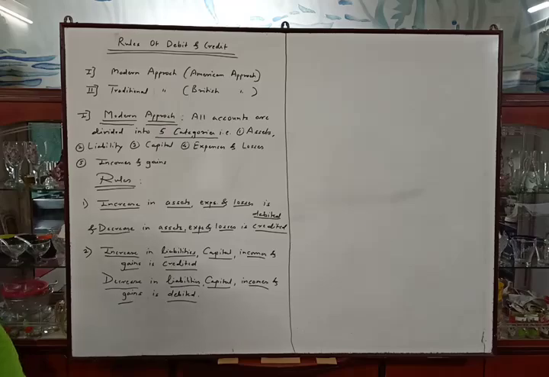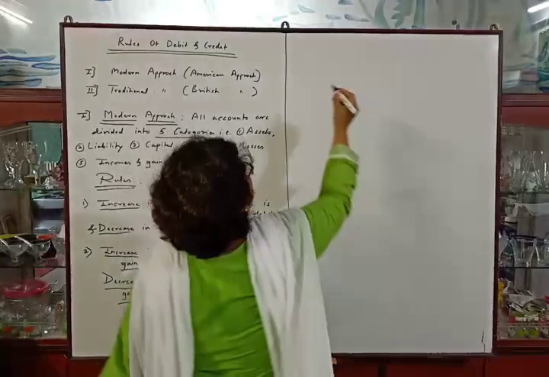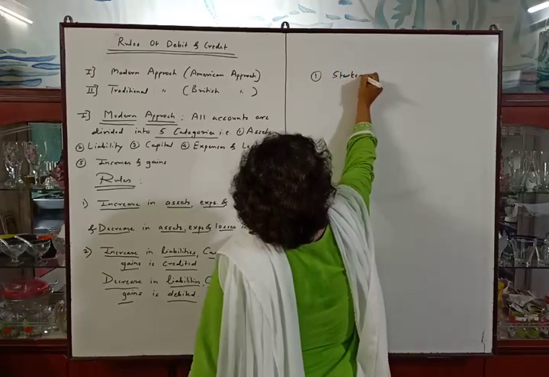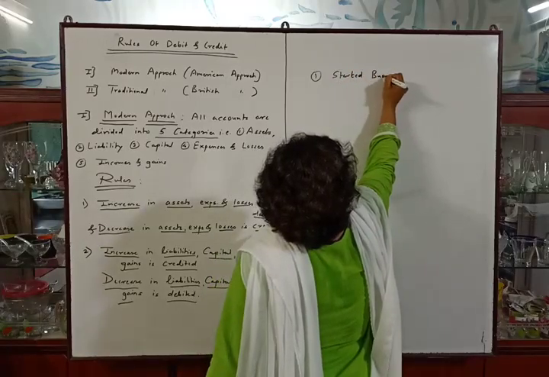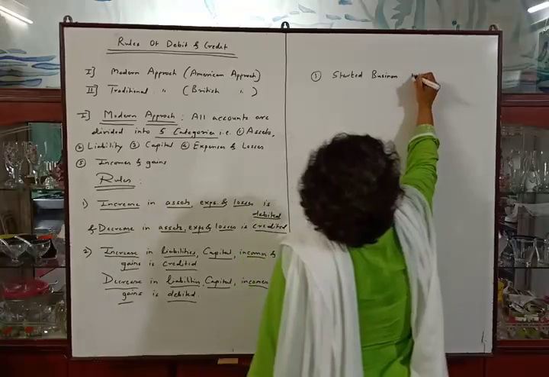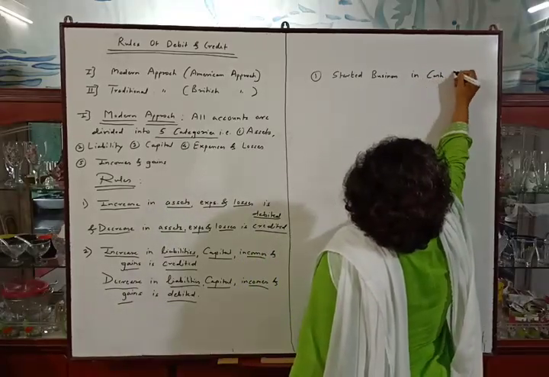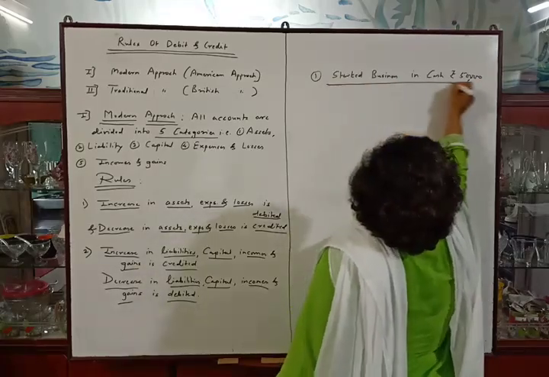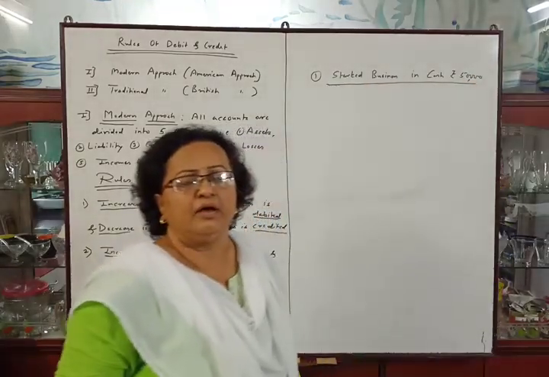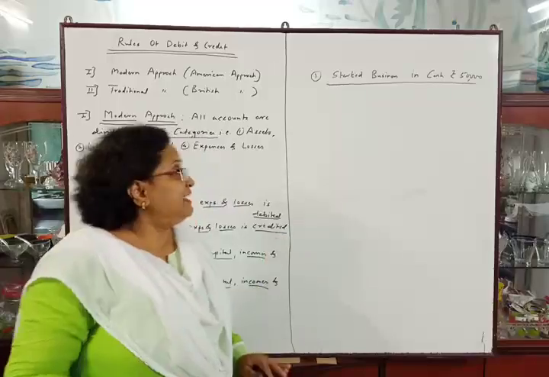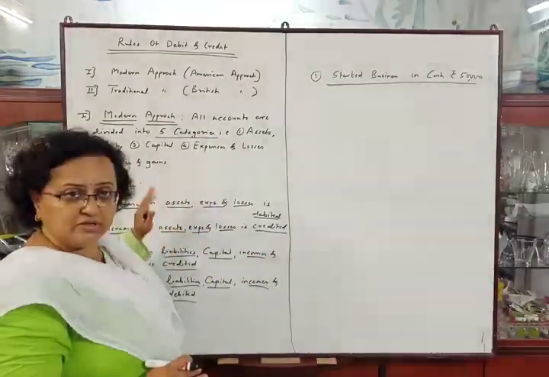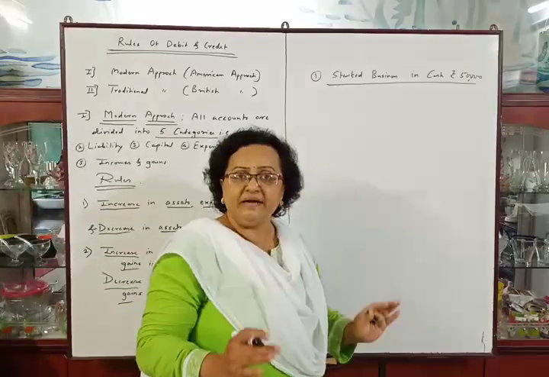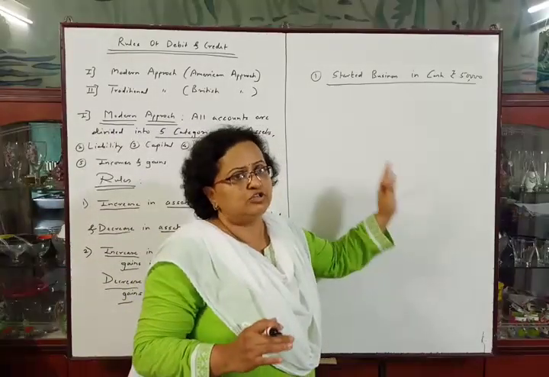Let's take the first transaction, that is started business in cash, rupees 50,000. This is a business transaction. Okay. Now by applying these rules, that is this approach, we will decide debit and credit of the accounts involved in this transaction.